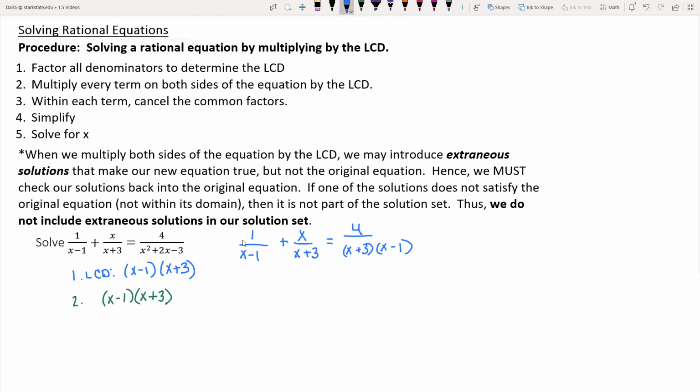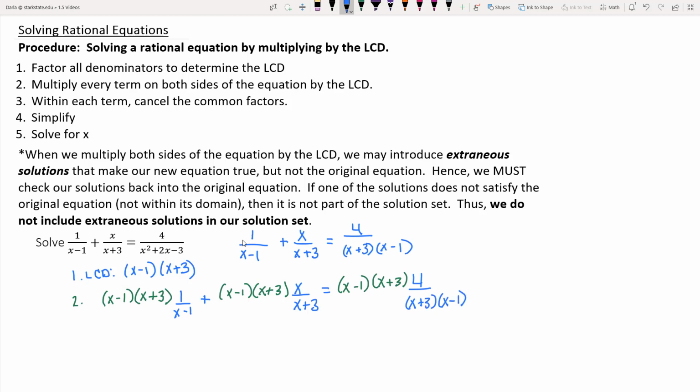So our first term would be 1 over x minus 1, and then we have a plus sign, and then use our LCD again and multiply it by our second rational expression, which is x over x plus 3, equals our LCD times our third rational expression. So x minus 1 times x plus 3 times the 4 over x plus 3 times x minus 1.